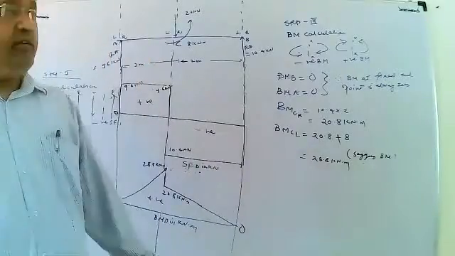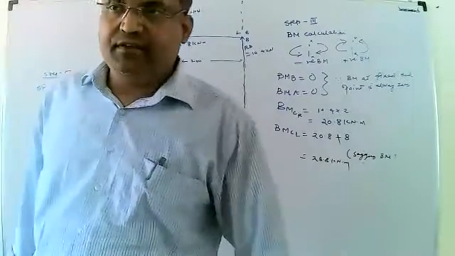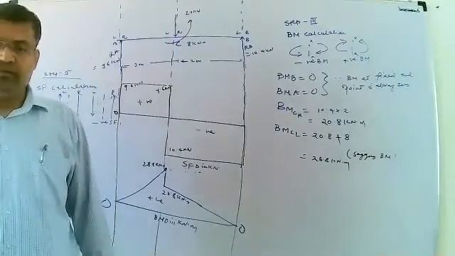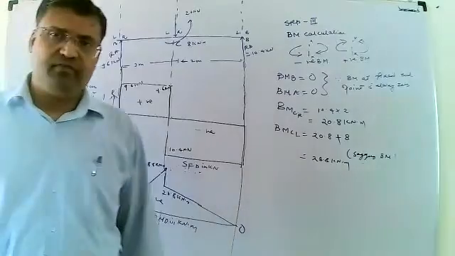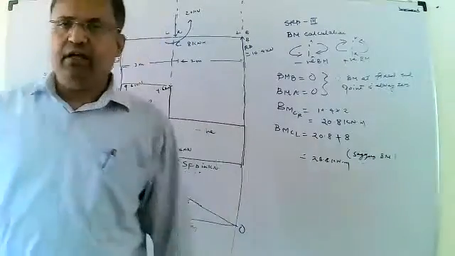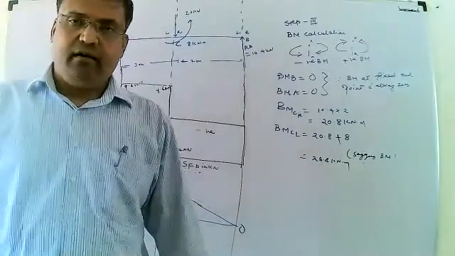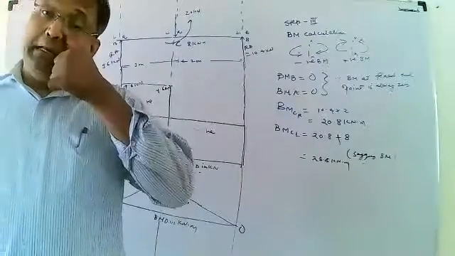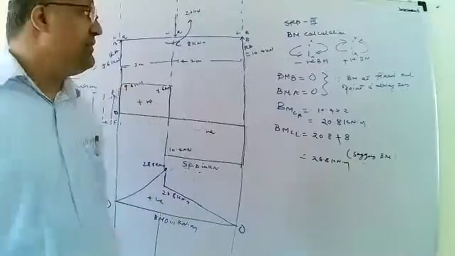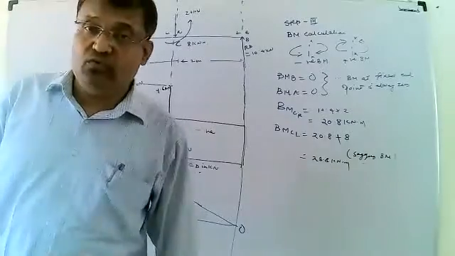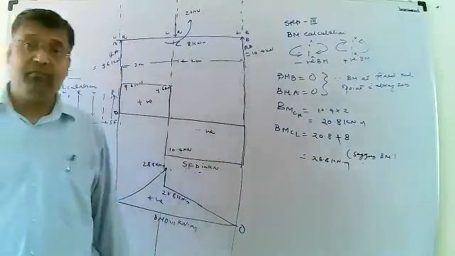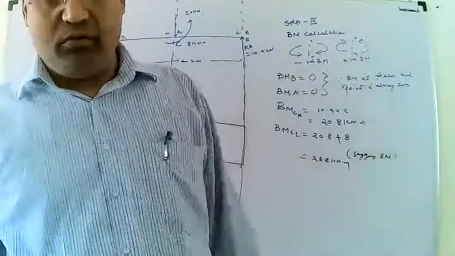I will take another, different type of example which is related to couple. Most of the time, any type of beam is given and a couple is formed at a particular point on the beam. Then most students face some difficulties in how to calculate BM and how to draw BMD at that particular point.